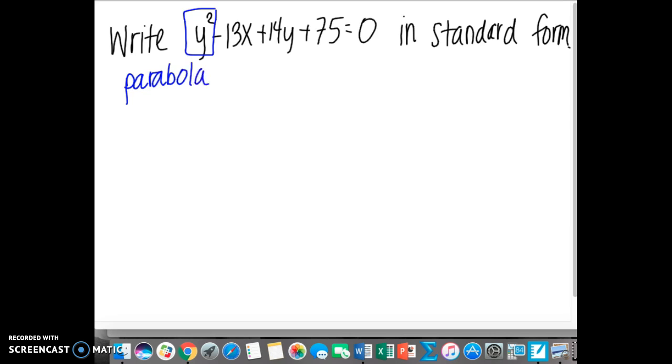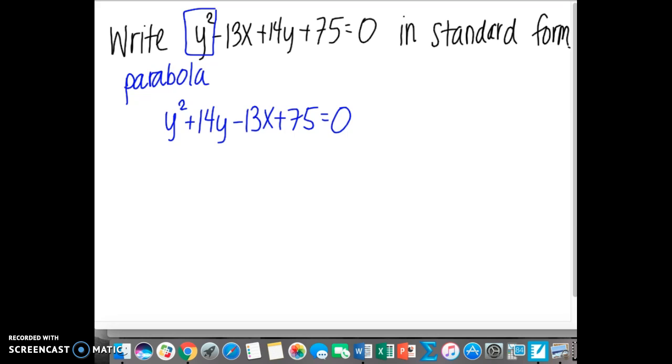So don't let this freak you out because there are no x squared terms. That just means that we're only going to complete the square one time. So we're going to start off by getting all of our y terms together. So y squared plus 14y, and then we have that negative 13x plus 75 equals 0.